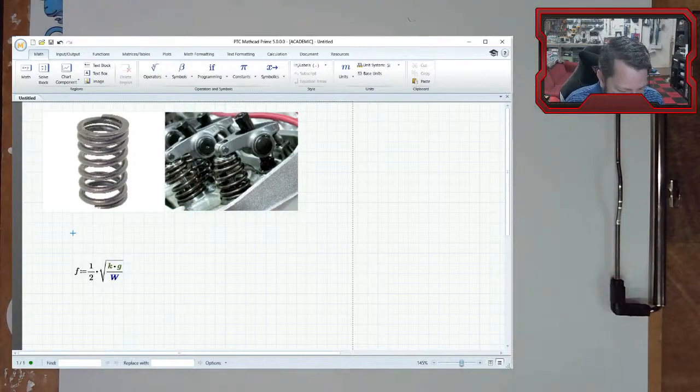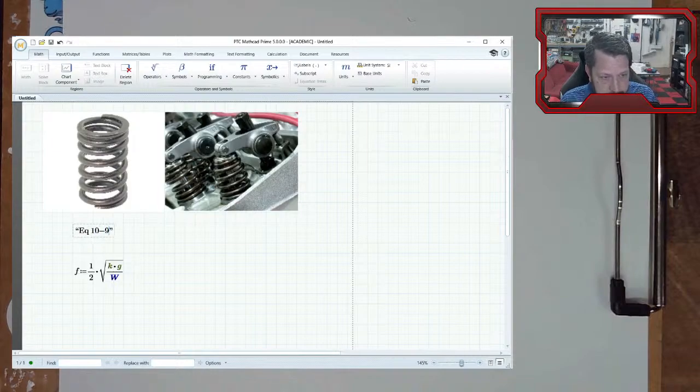So equation 10.9 is going to estimate spring rate. And again, I'm going to put an equal sign, but in your book it's an approximation. It comes from the energy methods, and they make a little bit of an assumption there to estimate it.